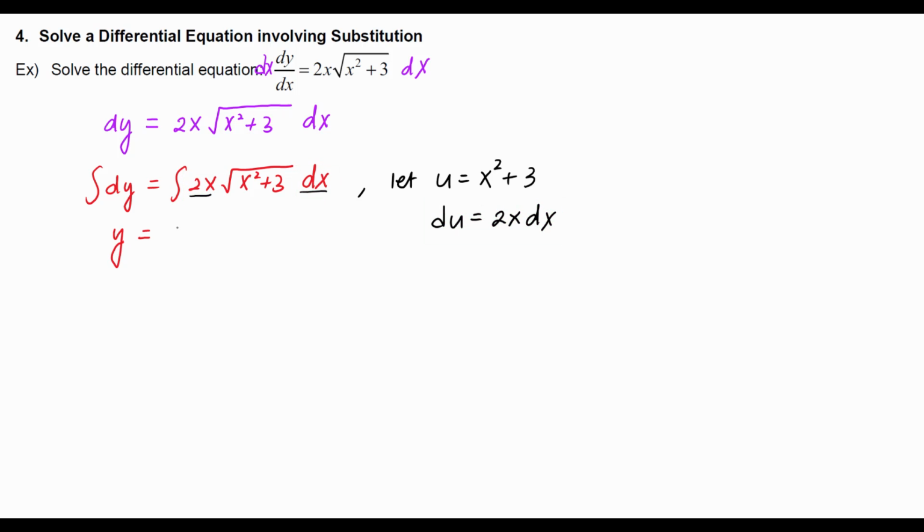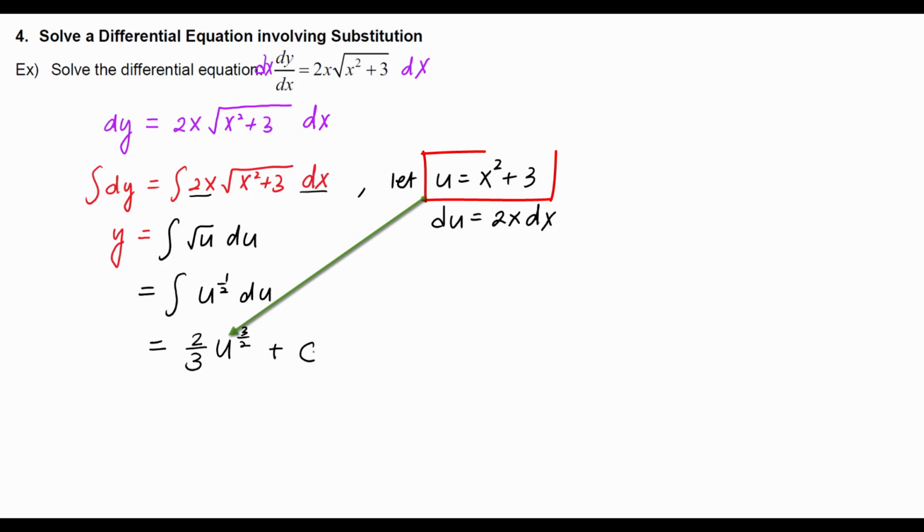So this becomes integral of square root of u du, and square root of u is u to the 1/2 power du. So when you integrate u to the 1/2 power, you're gonna gain 1 power. So you get u to the 3/2 power. So we're gonna multiply by reciprocal, 2/3 u to the 3/2 power plus c.